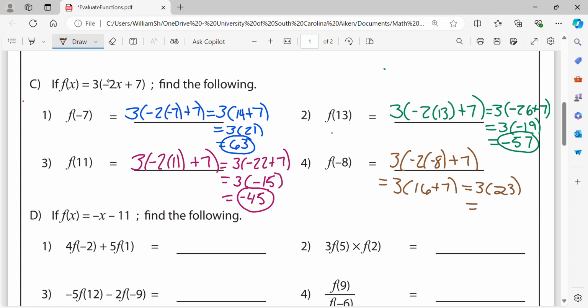And 23 times 3 should give us 69. Very good. So we plugged in several different input values for this function and got several different output values. The only thing that changed here was not the function itself, but just the input variable x.